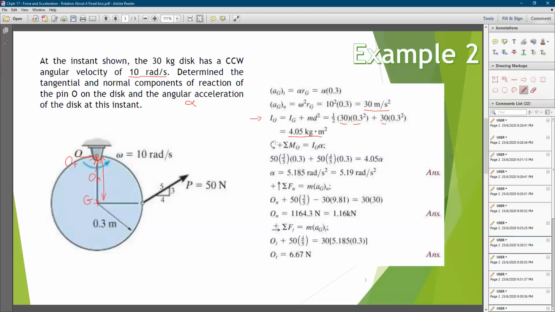Moving on, we calculate the moment at point O, and we assume that counterclockwise is the positive direction.